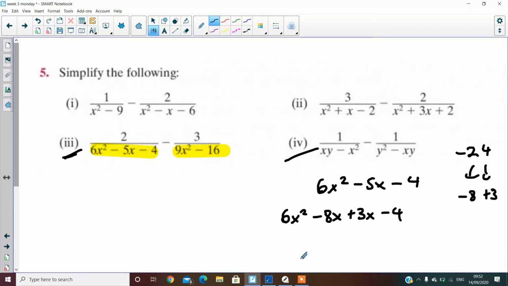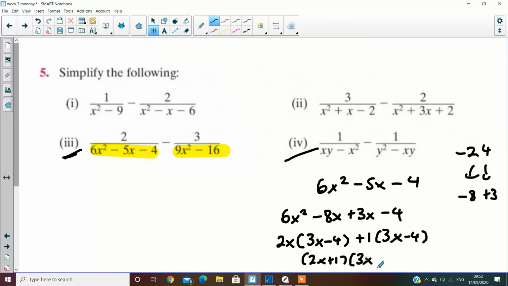Next thing after that is 2x into 3x minus 4 plus 1 into 3x minus 4. And this should become 2x plus 1, 3x minus 4.